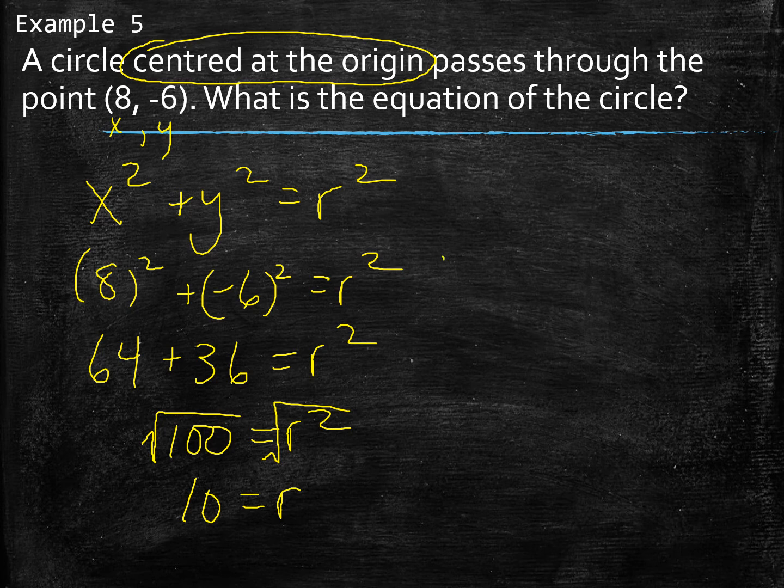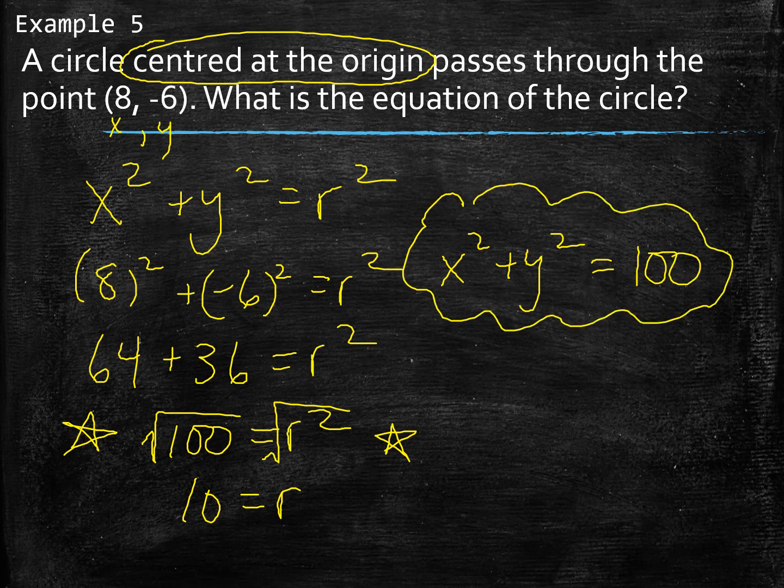Really, we didn't even have to do that step, because the equation is supposed to be r squared, so we're just going to take this 10 and square it. Realistically, we could have stopped at this step, because r squared equals 100. And there is the equation for the circle that passes through that point and is centered at the origin. Any questions? Nice.